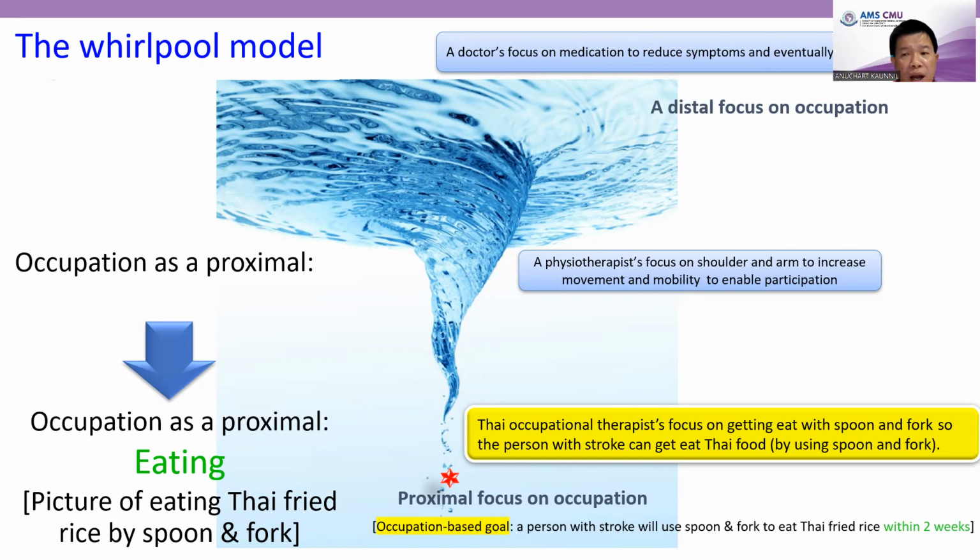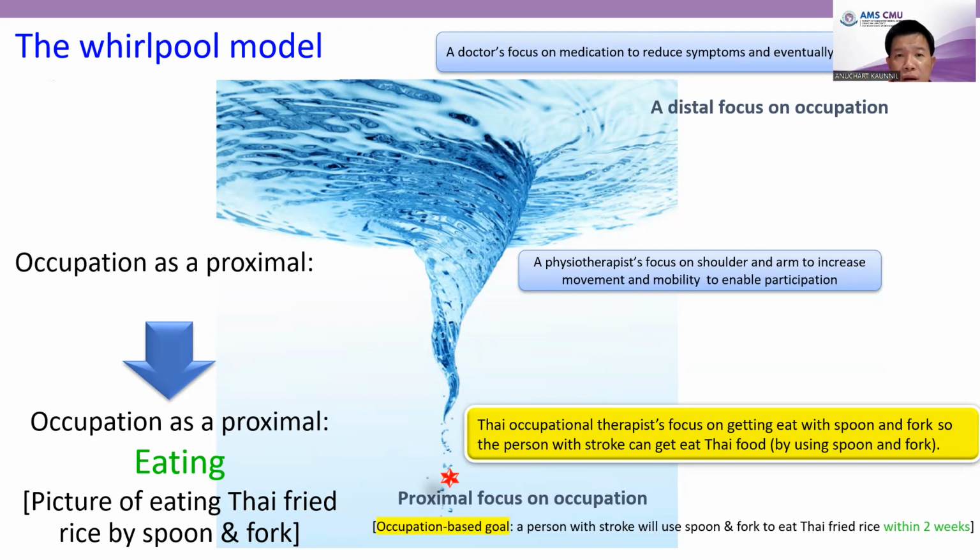The shoulder and arm movement is the PT's job to help you, because they are more expert in this. They are trained in this, even in walking and movement of the shoulder as well. This is the distal. It goes very far away from the proximal.